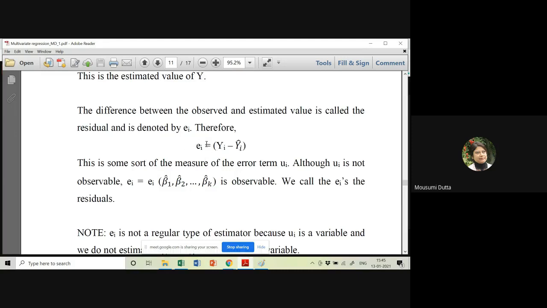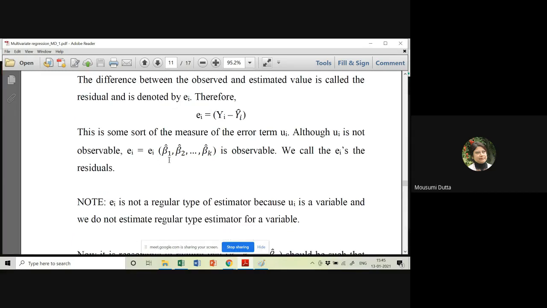That is also an unexplained part, and we cannot call this error, rather we call this residual. Now this residual is a function of beta 1 hat, beta 2 hat up to beta k hat. That is, it is a function of estimated values of the parameters, and therefore it is observable. While ui is not observable, ei, the residual, is observable. We can realize the values of the residuals.